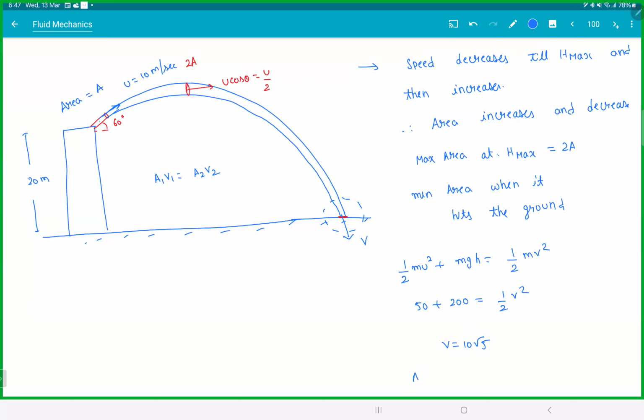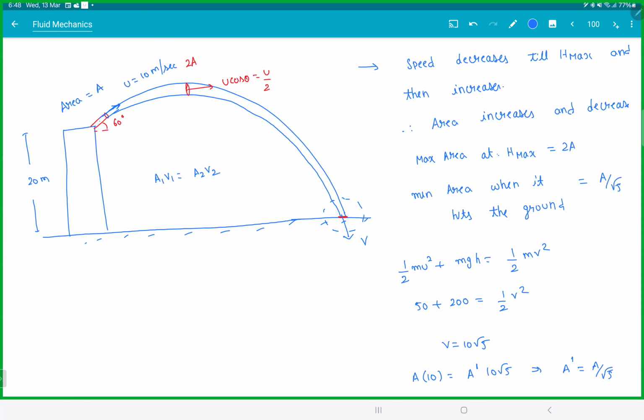So initially the area is A, velocity is 10, final area is A dash, and velocity is 10 root 5. Clear? How much is this? A by root 5. So this answer is A by root 5.